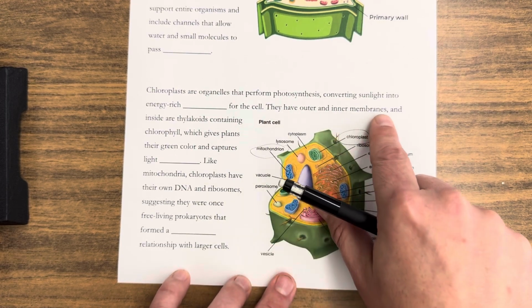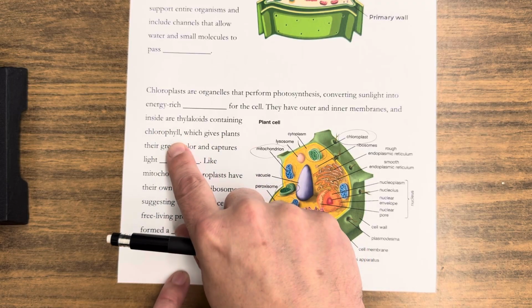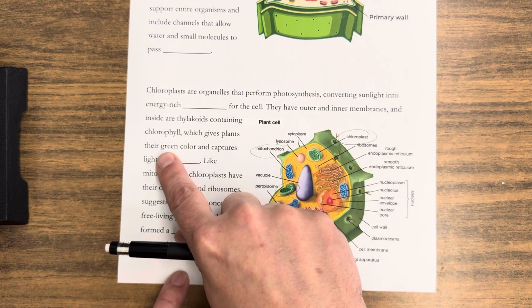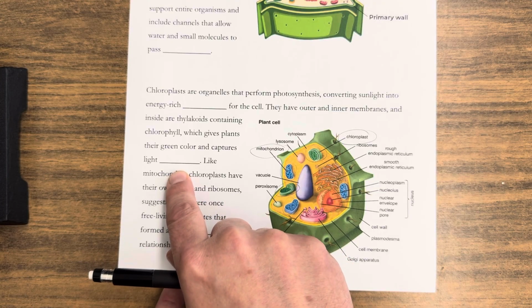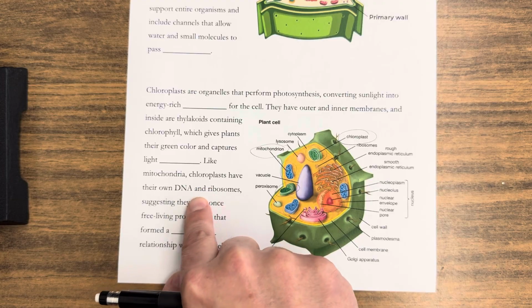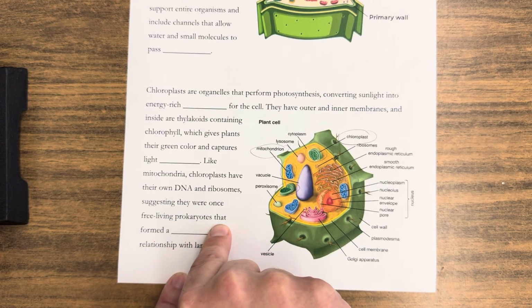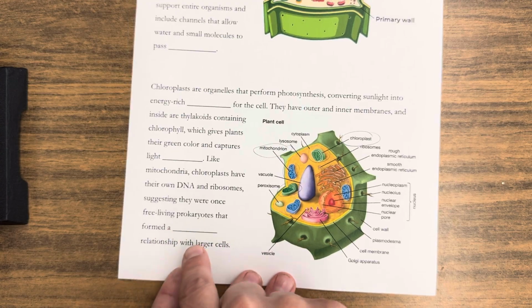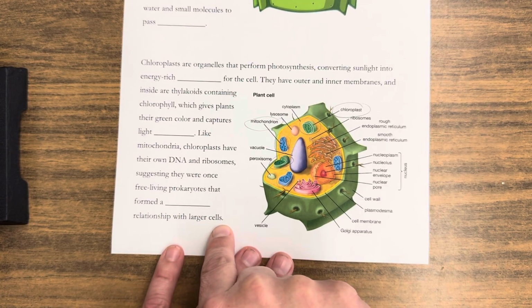They have outer and inner membranes, and inside are thylakoids containing chlorophyll, which gives plants their green color and captures light energy. Like mitochondria, chloroplasts have their own DNA and ribosomes, suggesting they were once free-living prokaryotes that formed a symbiotic relationship with larger cells.